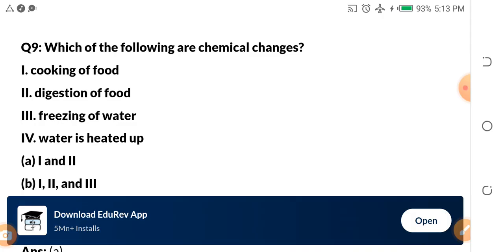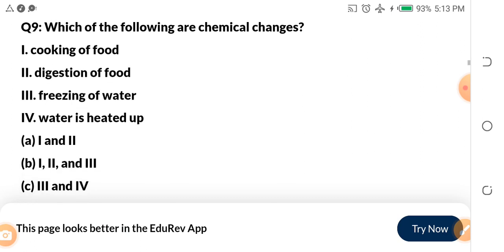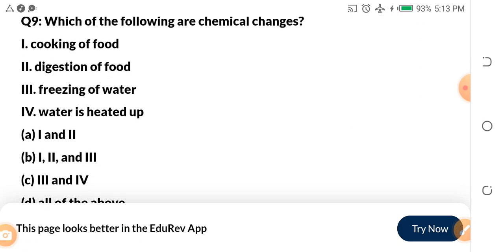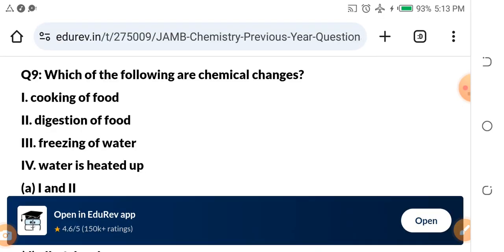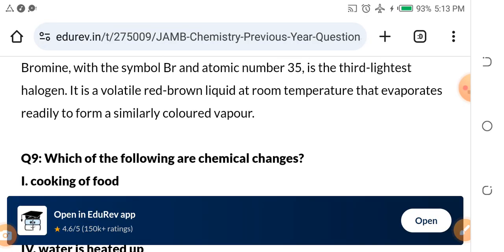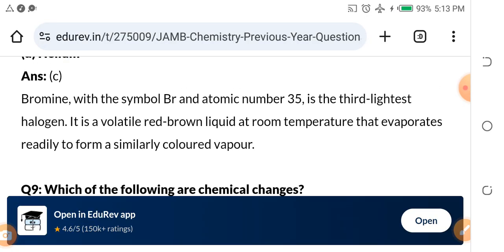As many differences as you can enumerate. It is when you know the difference that you will know why freezing of water is not a chemical change and water being heated up is not a chemical change, right? So check on those assignments and submit them to me immediately.